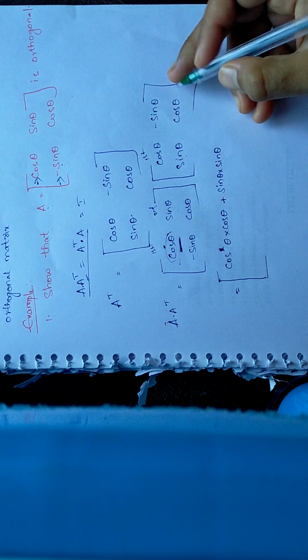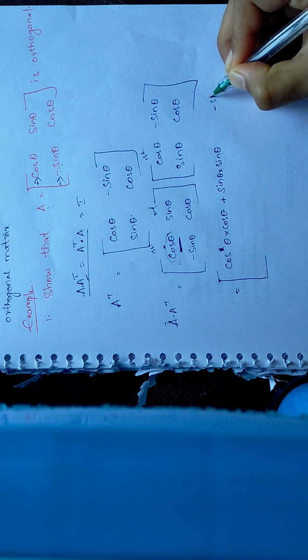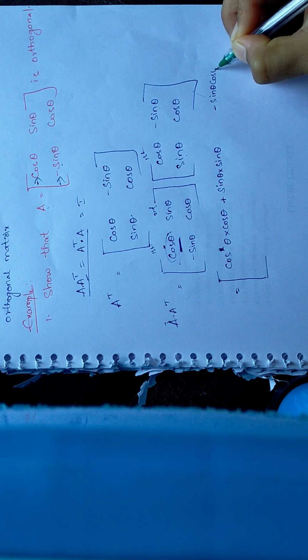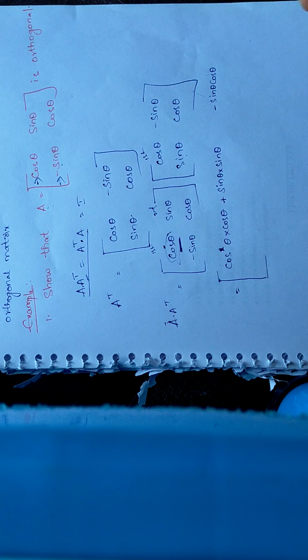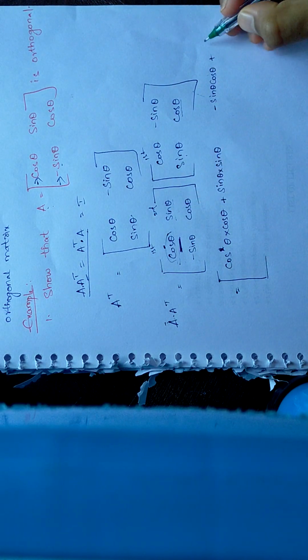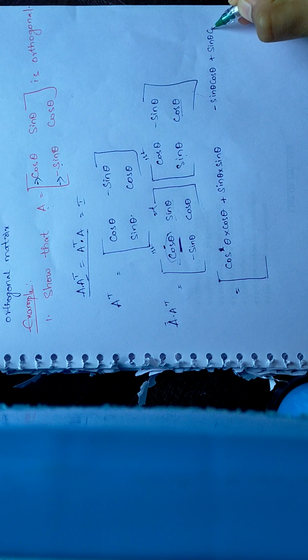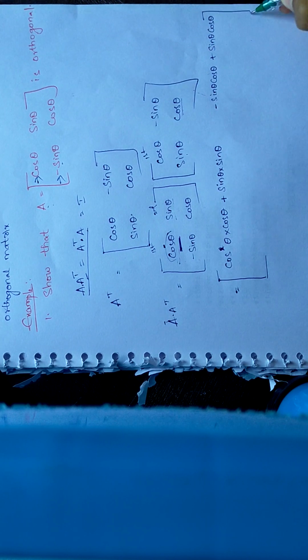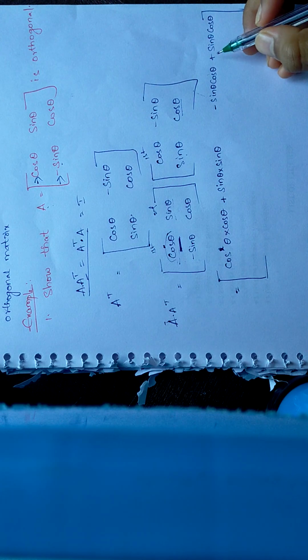Cos theta into sin theta is what? Minus sin theta cos theta, plus sin theta into cos theta is sin theta cos theta. Yeah, you have to add the values.